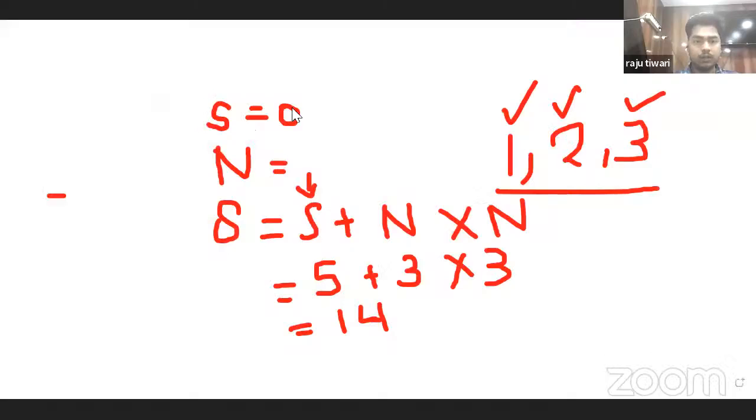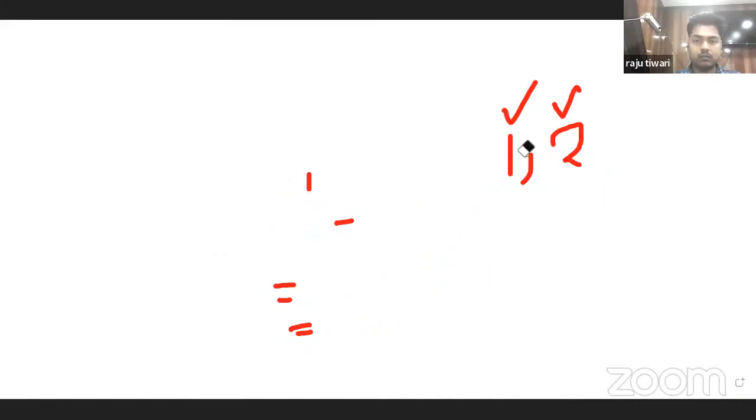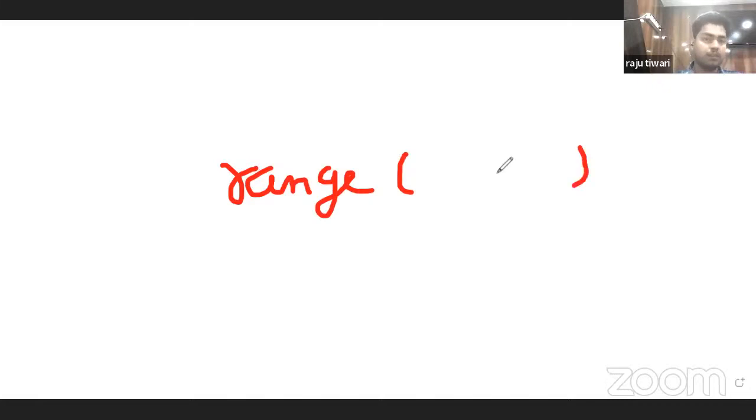So first we will discuss about range block and how it will work. So what is a range block? Let's discuss that. So range block is the block which will give you the range of a number. So whatever the number you will put inside the range block, it will give you the numbers from 0 to that number.